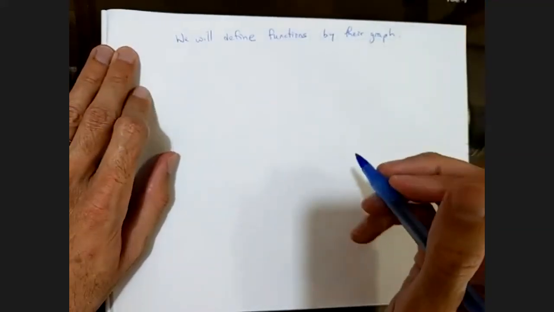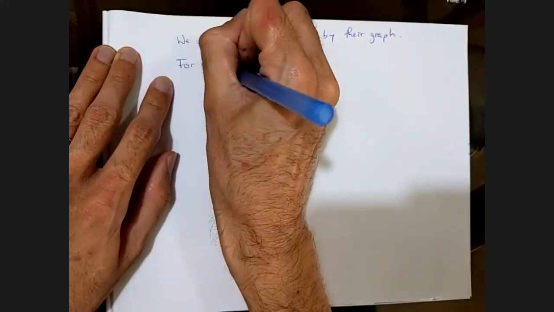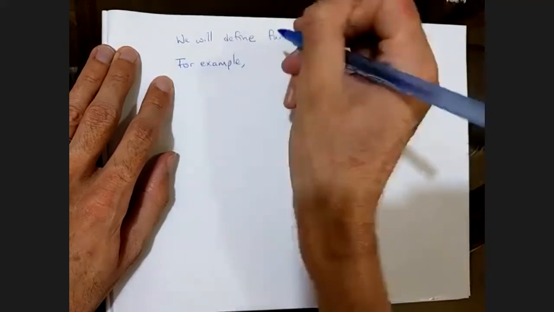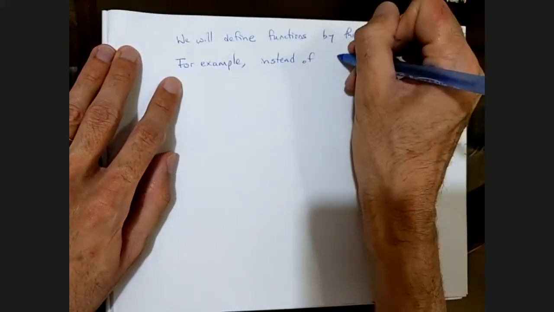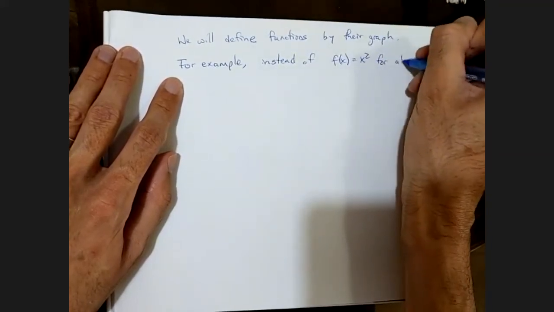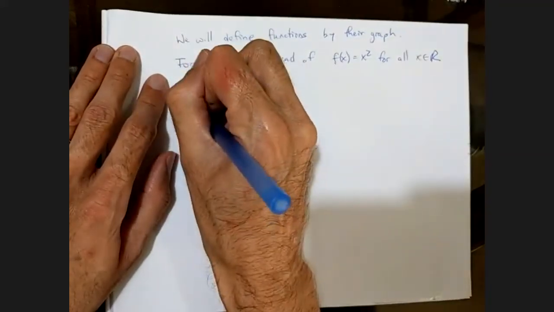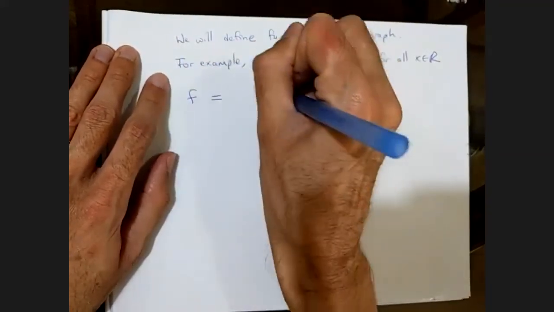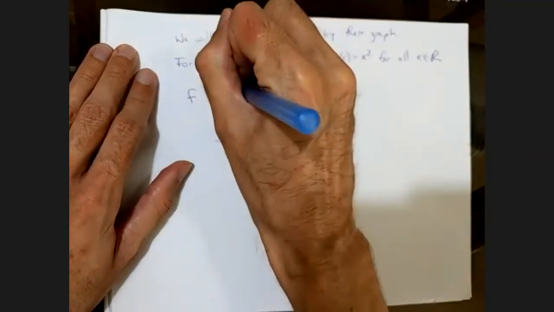Okay. So for example, instead of defining f of x equals x squared for all x, you'll just say that f equals its graph, roughly.